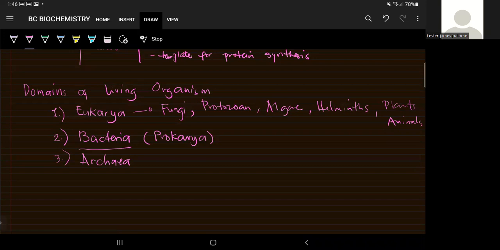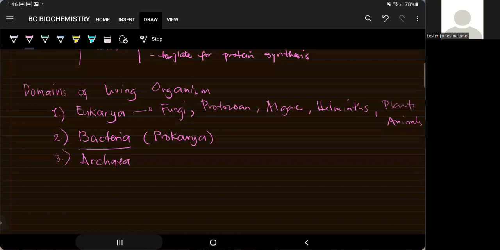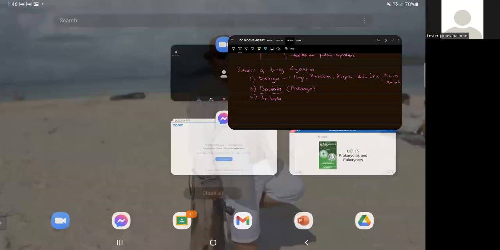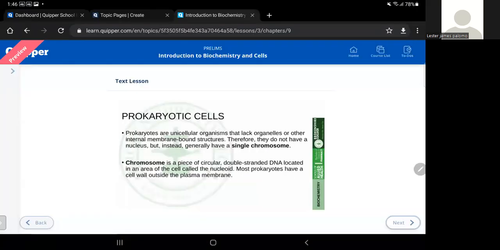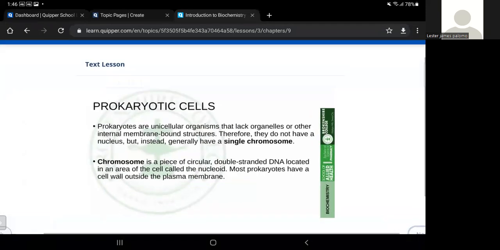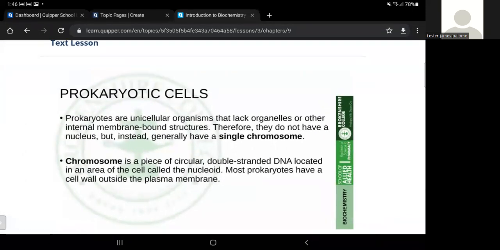So going back here. When we talk about prokaryotic cells, prokaryotes are unicellular organisms that lack organelles. Therefore, they do not have a nucleus, okay?